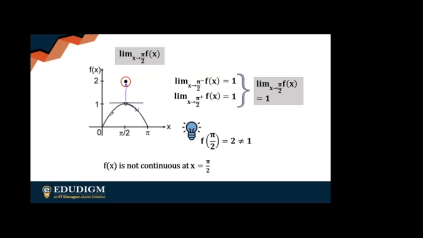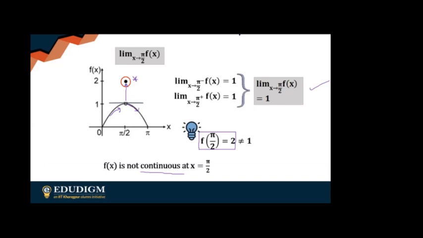So fair enough, this was going smoothly. Again, there's a jump in this particular value at pi by 2, and then it's just again going smoothly down. Okay, so it doesn't affect the limit, but it affects the continuity, because for continuity, apart from the limit, we also consider the functional value. Now I hope where we are starting from is clear to you.